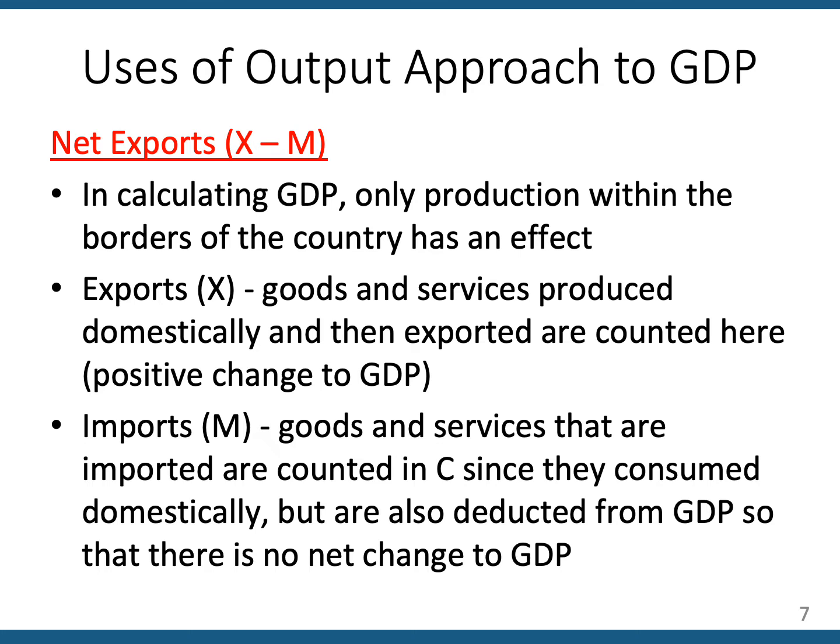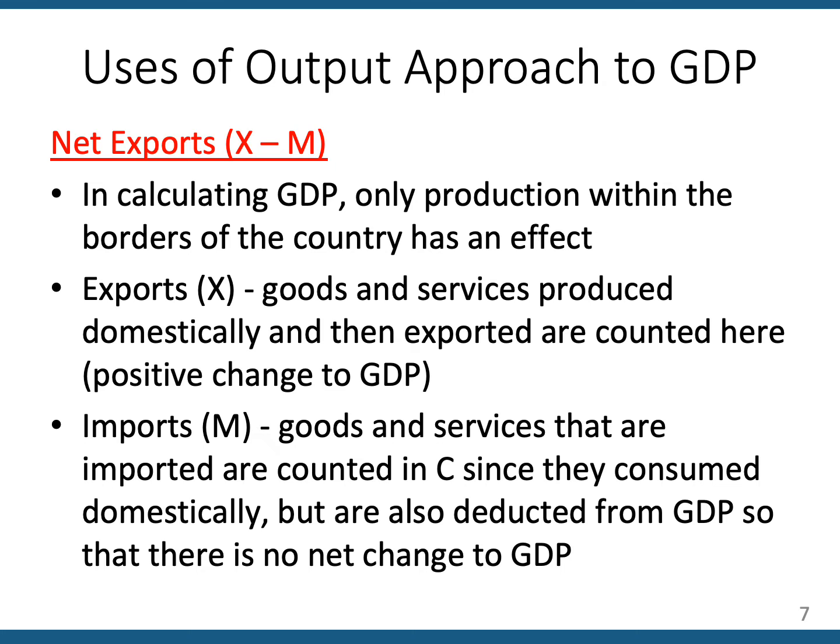But if it was only $20,000, then consumption went up by $20,000 when I bought the car. However, it was imported, so there's a negative $20,000 counted in the net exports category because you have exports minus imports. So that was an import, so it would have a negative number. So it cancels out the negative $20,000 in the imports net exports category, cancels out the positive $20,000 in consumption in the year that I purchased it.